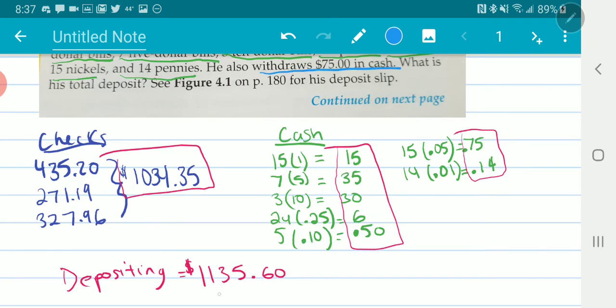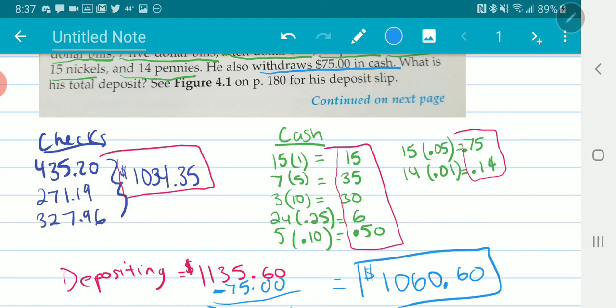So if all of this is going into my bank account, that's all going to be added to my bank account. But if I'm withdrawing $75, money's going to come out of my bank. So I'm going to have to take out $75. Okay, and as I do that, you take your total deposit minus that 75, which is just going to be equal to $1,060.60.